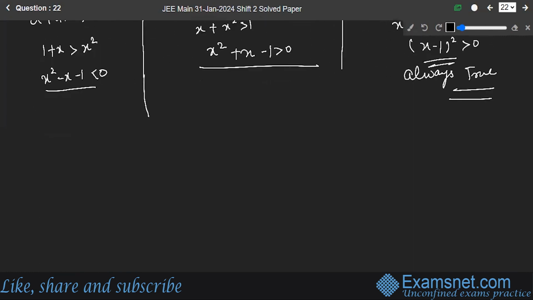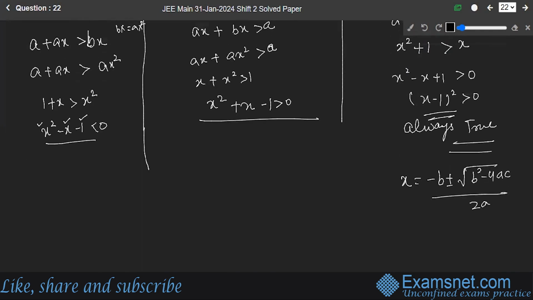By the quadratic formula, the roots will be given by x is equal to minus b plus minus root of b square minus 4ac upon 2a. Here, in this case, b is equal to minus 1, a is equal to 1, and c is equal to minus 1. So x will be equal to 1 plus minus root of 1 square minus 4ac, so minus 4 into minus 1.